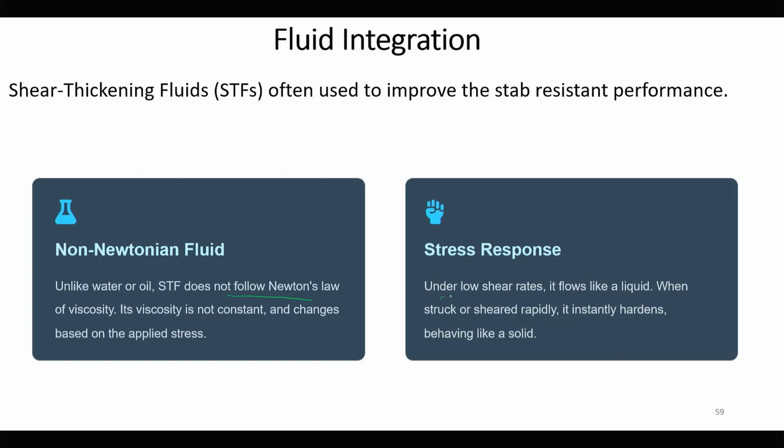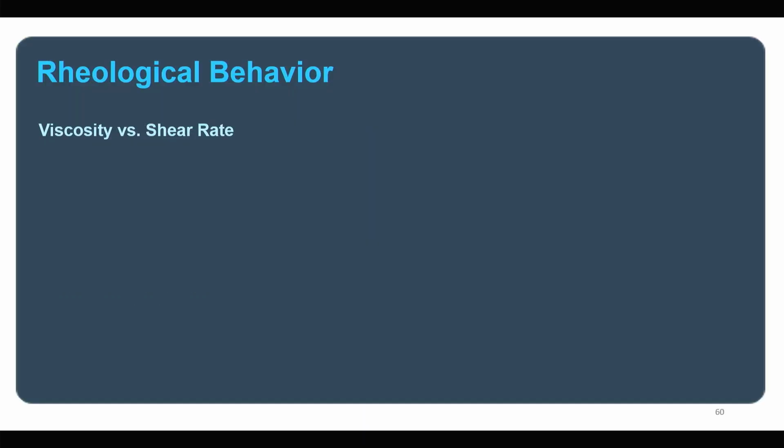Under low shear rate it flows like a fluid, normally it will be a fluid, but when it is struck or its shear rate is very high, instantaneously it becomes hard, behaves like a solid, and that effectively gives protection from bullet impact and protection from stab. So, this approach is very effective in reducing the weight.